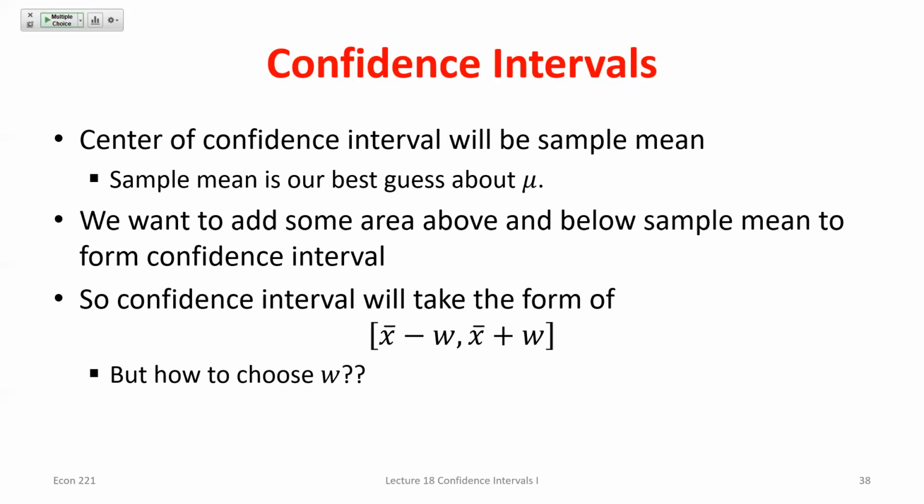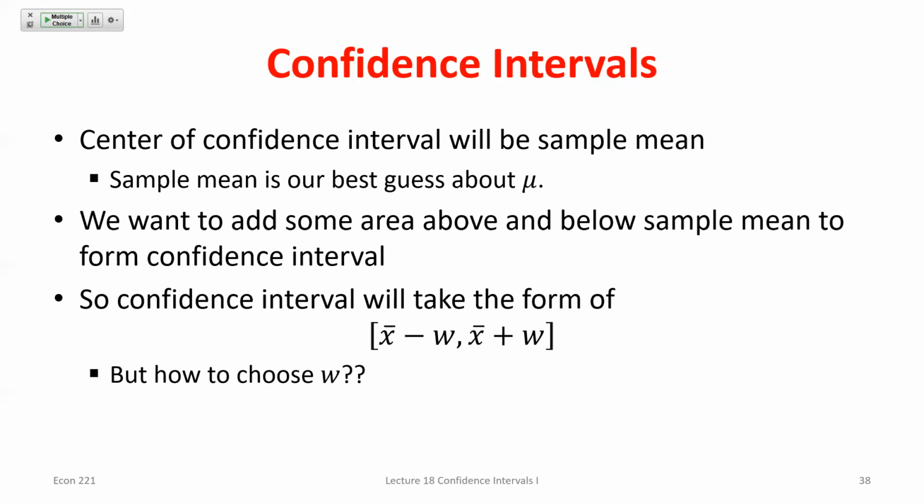So what I'm going to do is create a range of values. I'll have an upper bound and a lower bound and say things like, with 90% certainty, based off the sample mean that I saw, the true population mean is somewhere in this range of values.